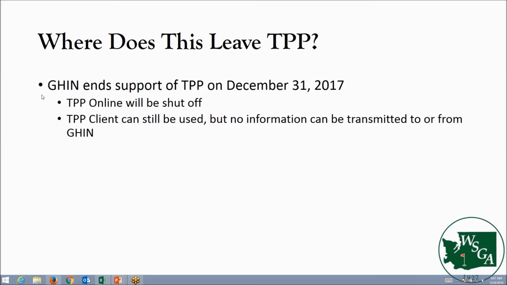The only difference is that you will no longer be able to transfer information to or from GIN. So if you were bringing down course rating information or handicap index updates, or wanted to post scores back to GIN from that TPP Client after the end of 2017, that will no longer be available. If you just want to use it strictly as a basic tournament function on your computer, that is the only thing that will work.